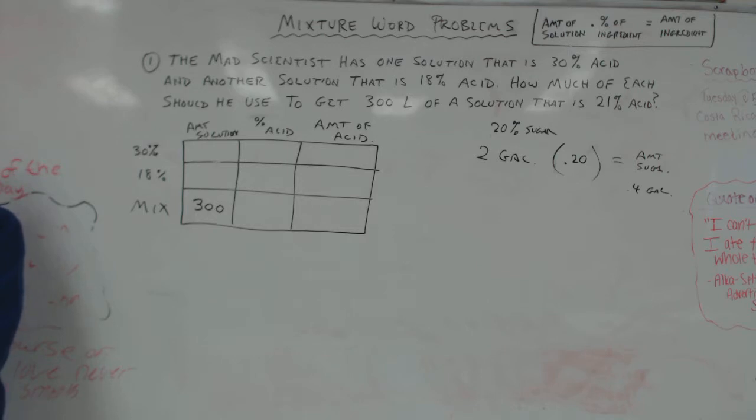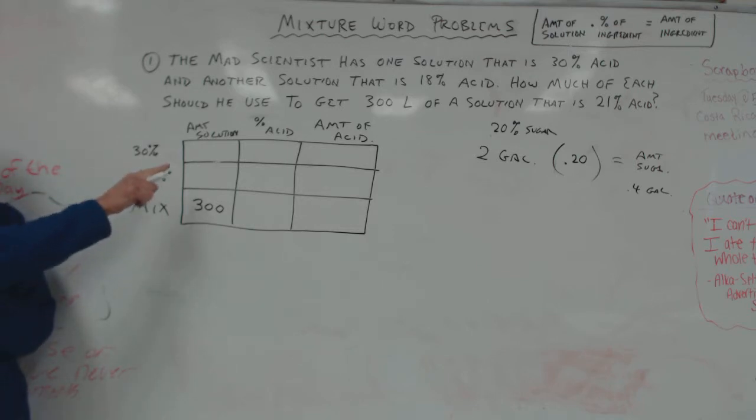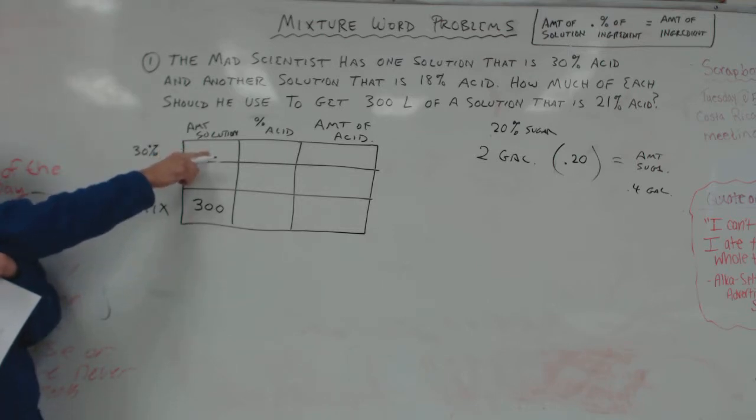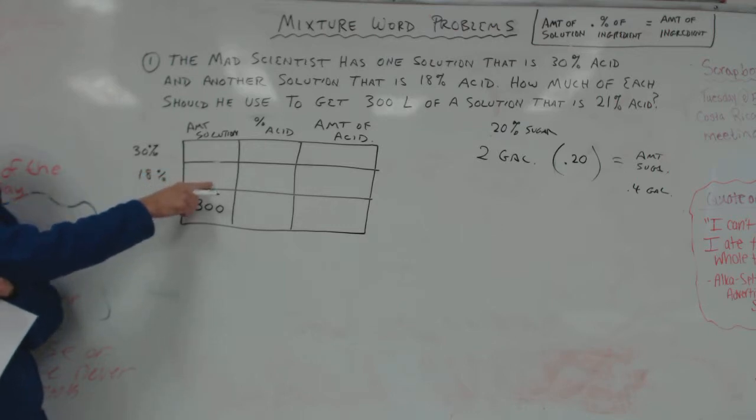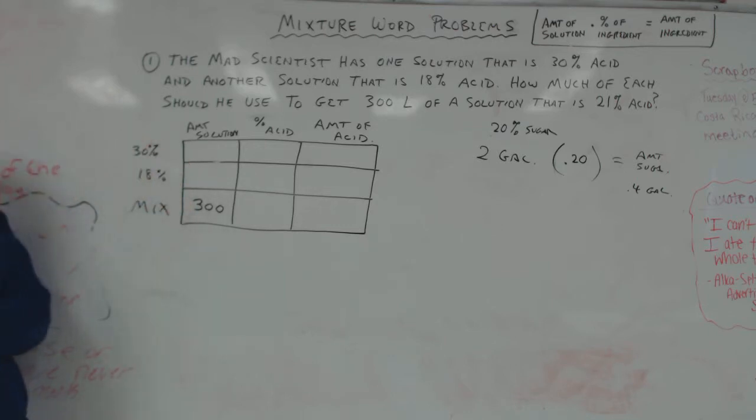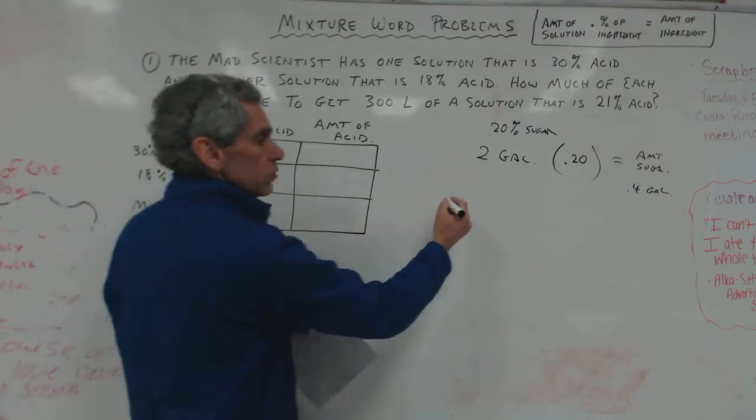That's pretty clear, right? The thing that's not clear is this part. I don't know how much of this to put in, and I don't know how much of this to put in. But there is a rule. Remember, I've said this a few times. If the sum of two numbers is equal to, say, 10. Just remember this.